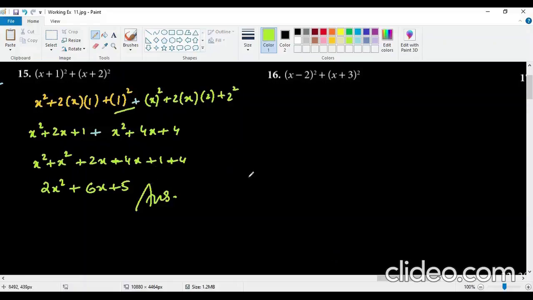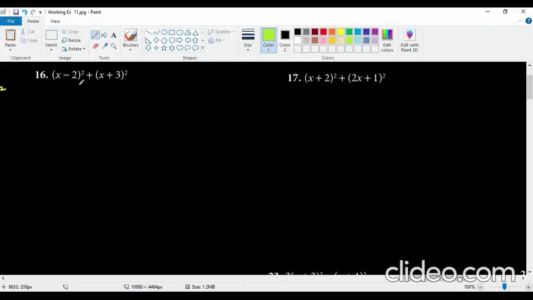As I was saying, by now you must be comfortable in using the formula of a minus b whole square and a plus b whole square. So this is always considered as a, and this should be considered as b. This value should be considered as a, and this one should be considered as b. So always be reminded of this fact. Okay.